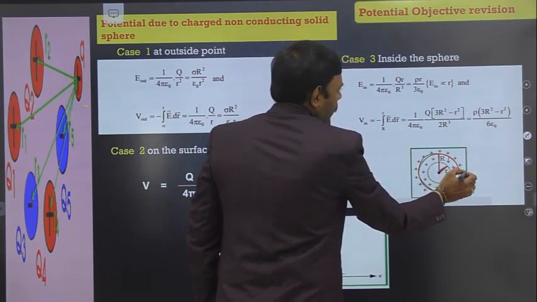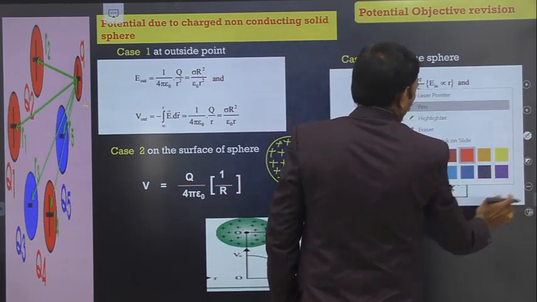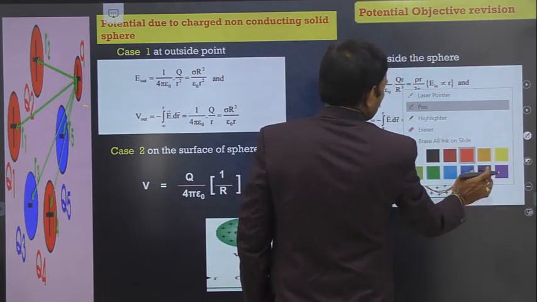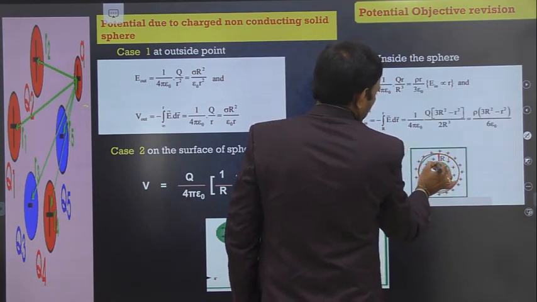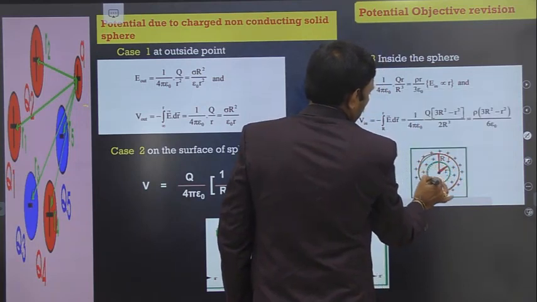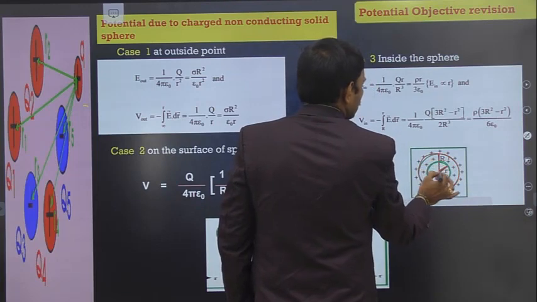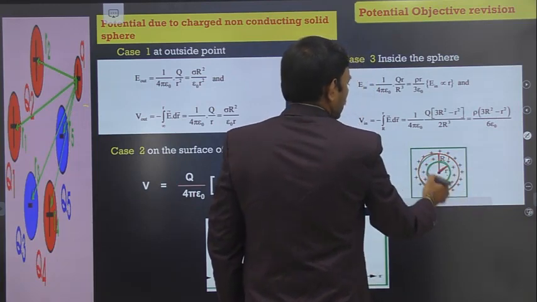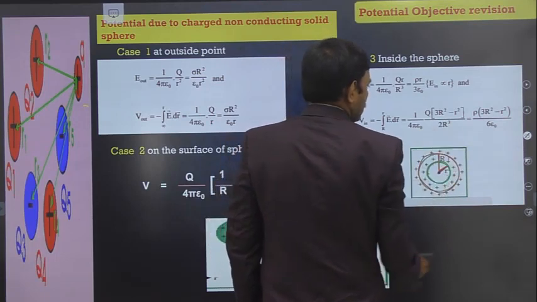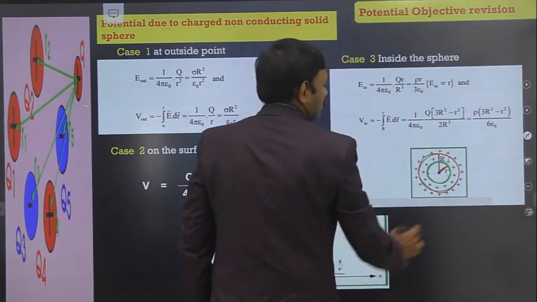We assume one more point here. So I draw the line with some green color. The green color shows the inside point, and this is the Gaussian surface taken at the inside point of the given solid charge distributed sphere, like this.